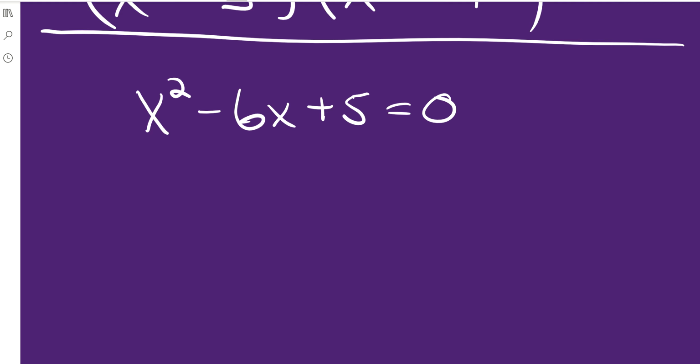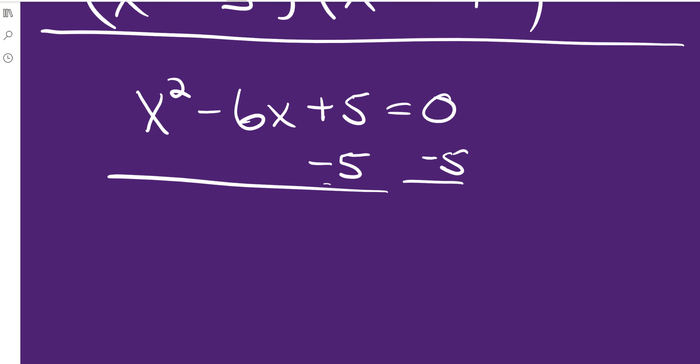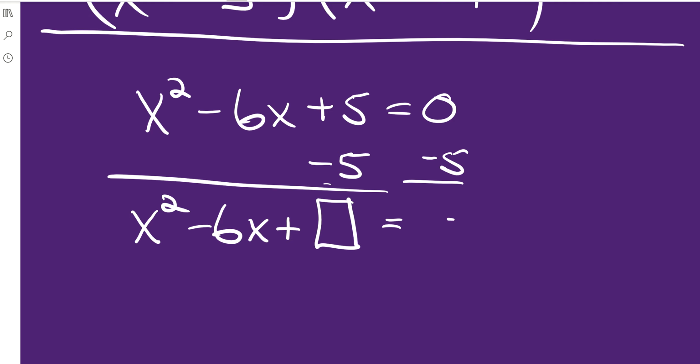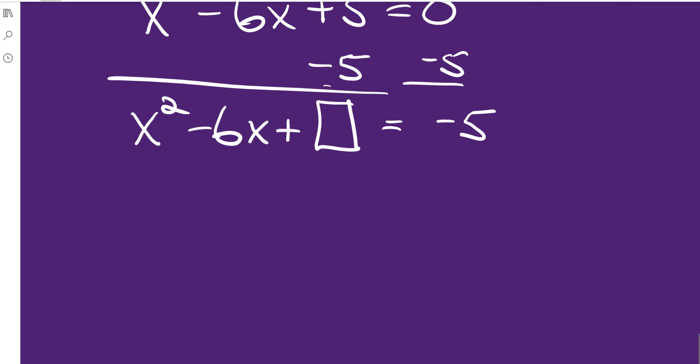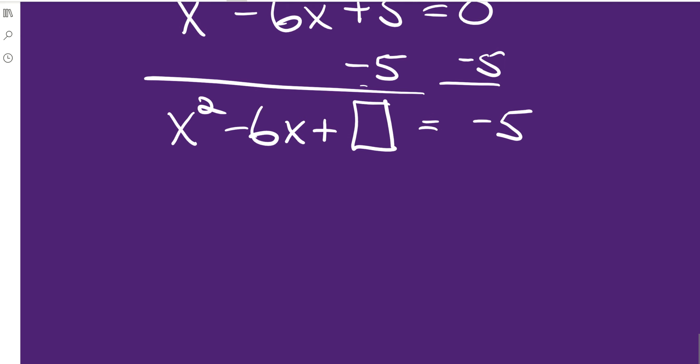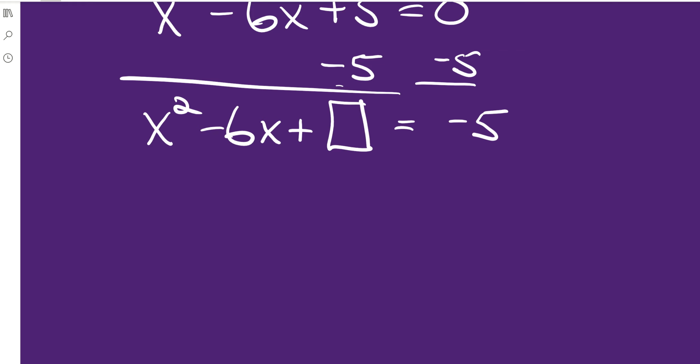And what I want to do is subtract 5 from both sides. And that's going to give me x squared minus 6x plus what? Equals negative 5. And now I have to proceed to write up what number am I going to put here in that box. I cleared it out by subtracting the 5, the c value, written in the standard form. So I'm going to come over here and do a little side work.